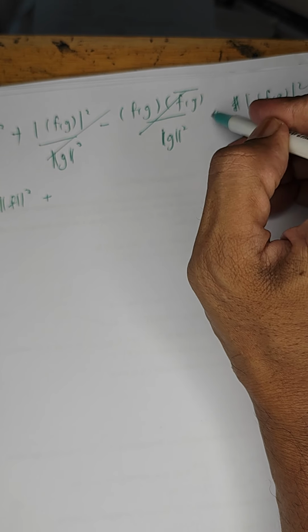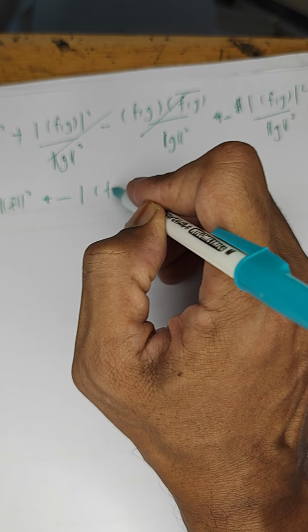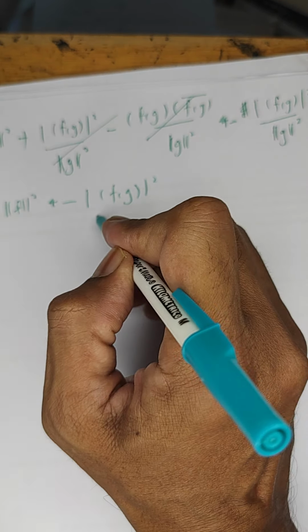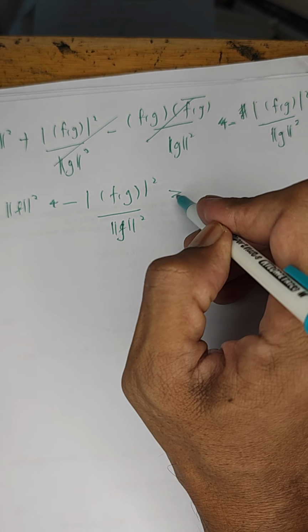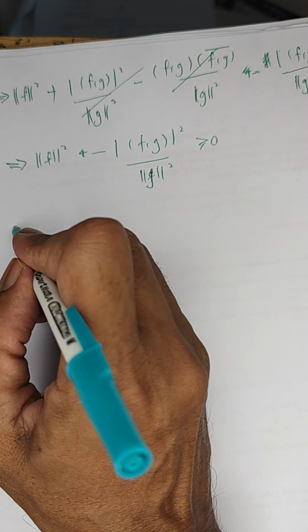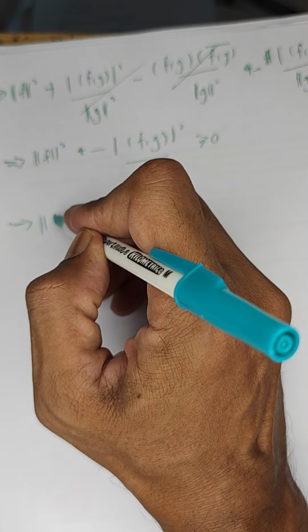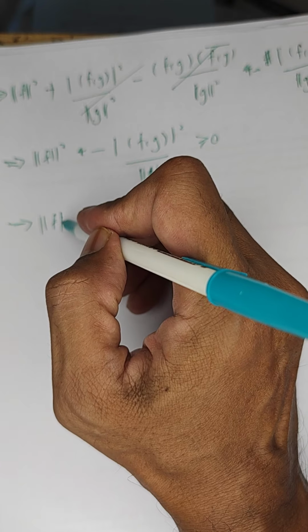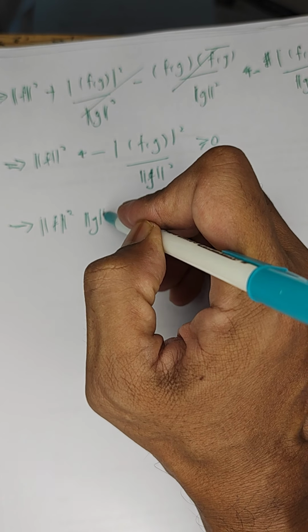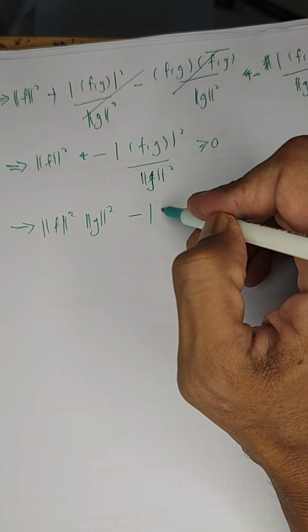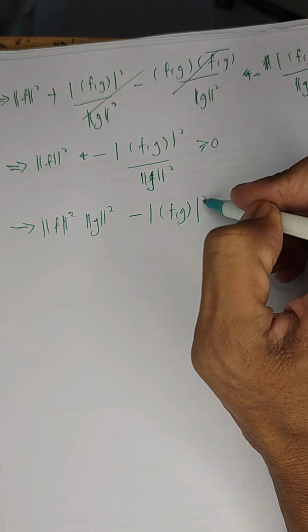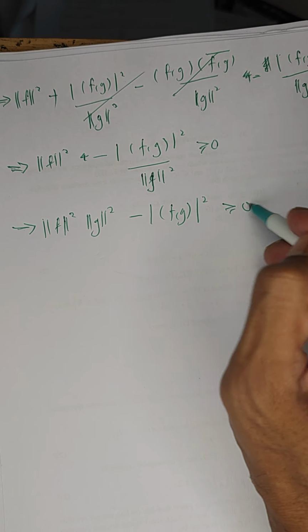So what is left is norm f squared minus the absolute value of fg squared over norm g squared, and that is positive.